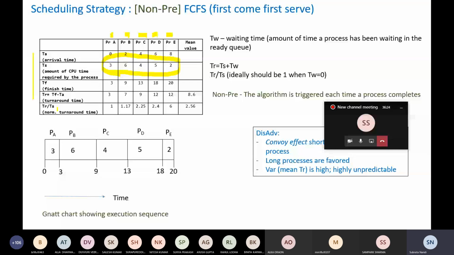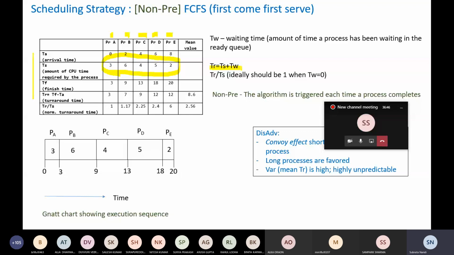So if your turnaround time is almost the same as your service time, then this normalized turnaround time should be 1. In other words, the turnaround time is equal to the service time plus the waiting time, as I just mentioned: the turnaround time of a process includes its service time as well as its waiting time.